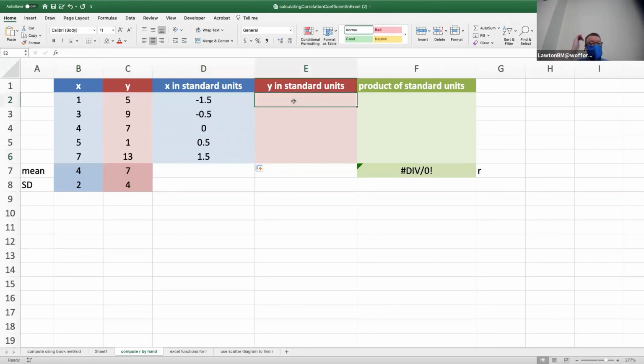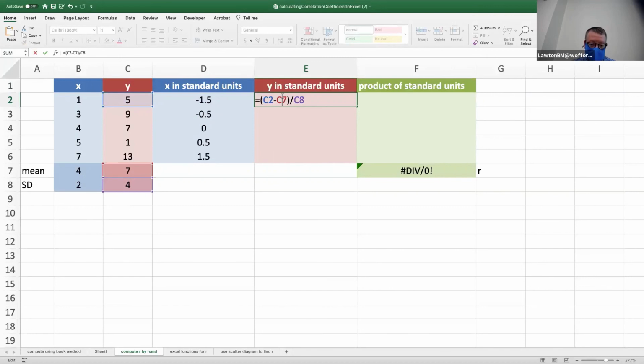We're going to do the same thing with the y column now. So 5 is 2 below the mean. 5 is 2 under 7. 2 is a half of 4. So it's going to be -0.5. So I'm going to take each number, go here, minus, click on the mean, and divide by the standard deviation.